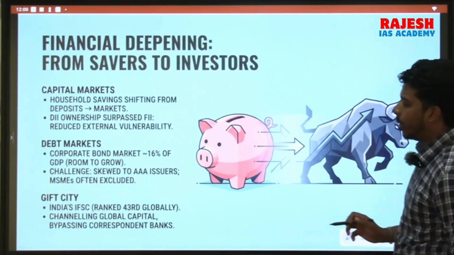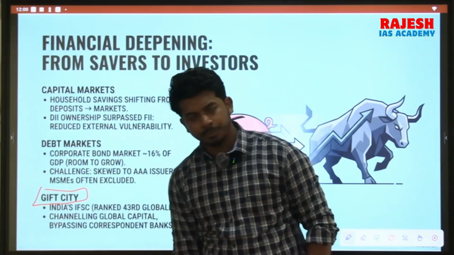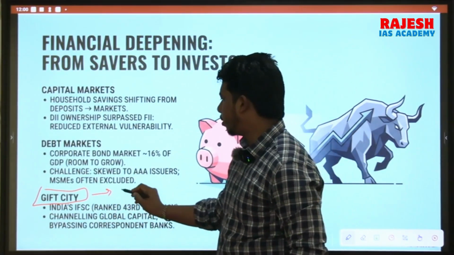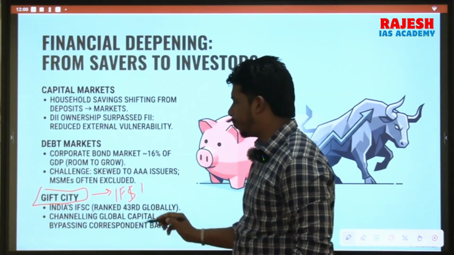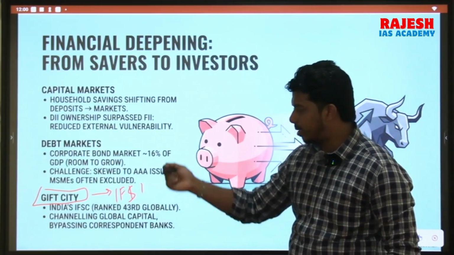Then we already know we have established something called GIFT City in Gujarat. There is an International Financial Services Centre in this. So we will look at this external aspect.